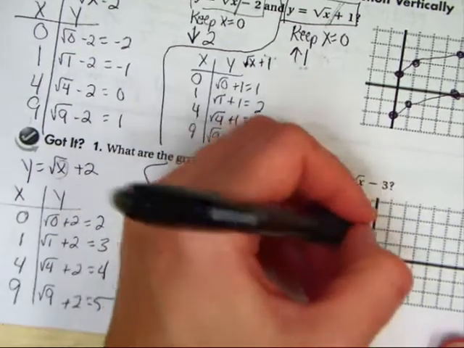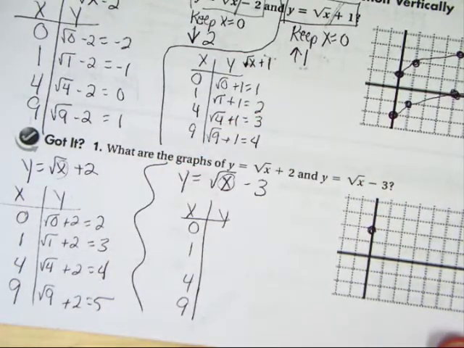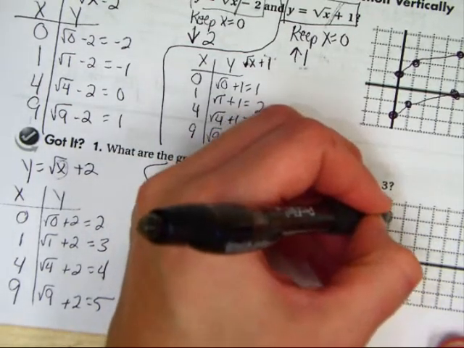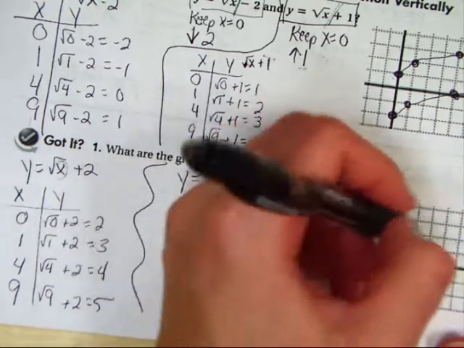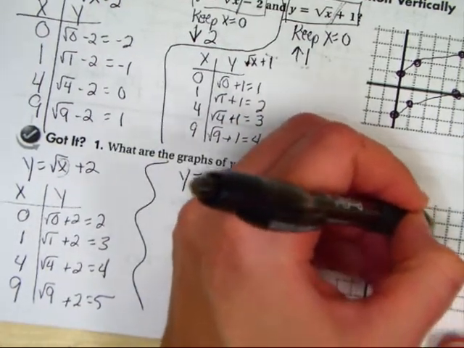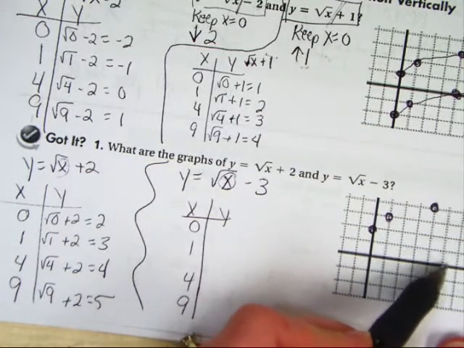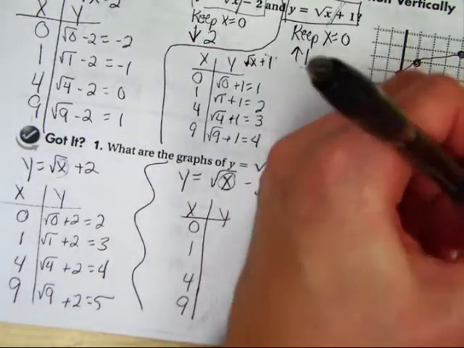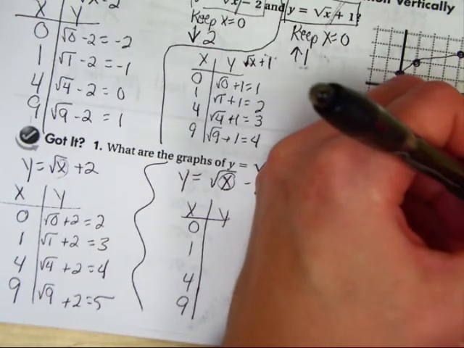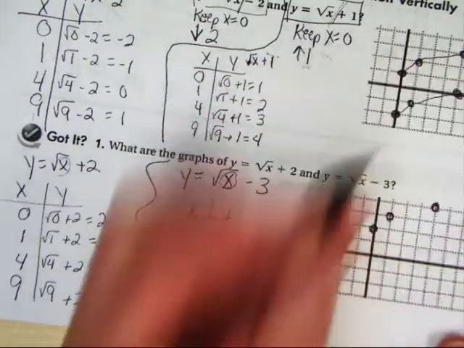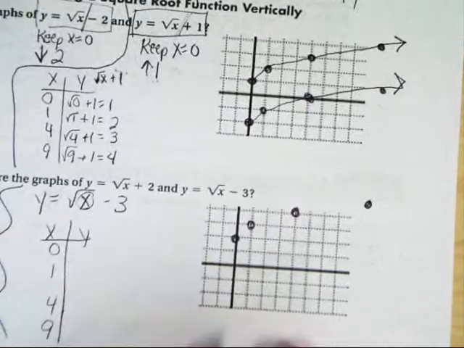Let's plot those points. 0, 2, 1, 3, 4, 4, and 9, 5. If I don't give you enough room, just kind of give it a little extra there.